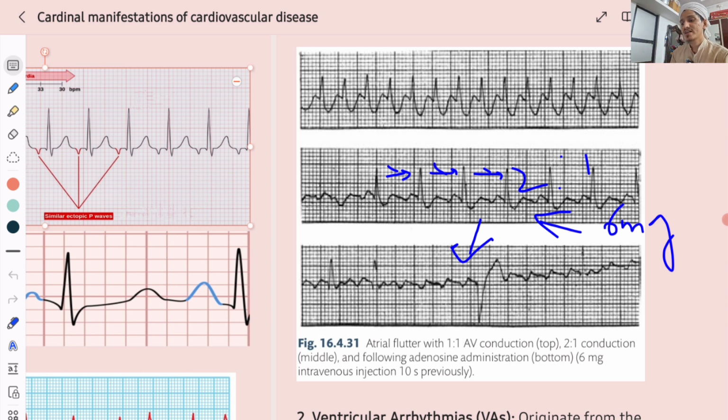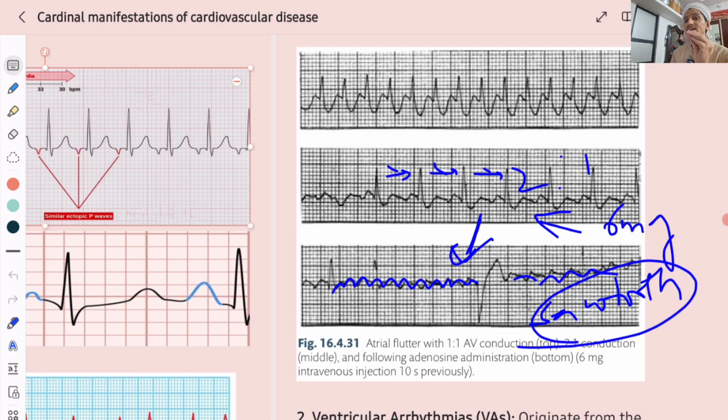That's why after giving adenosine you now know, see, this is the atrial flutter, this is the sawtooth appearance. So after giving adenosine you have diagnosed that it was atrial flutter. That's how adenosine helps us in differentiating different types of supraventricular tachycardia and also in treatment.